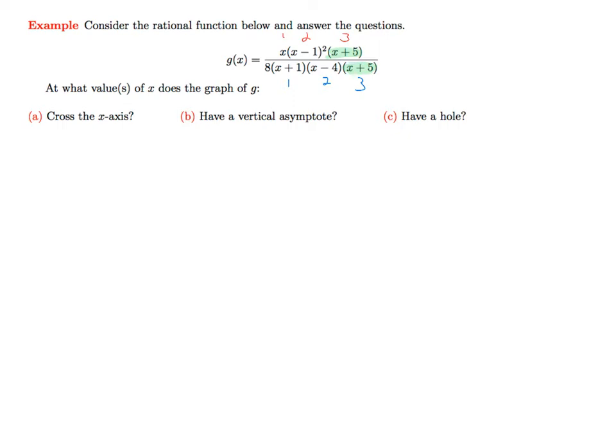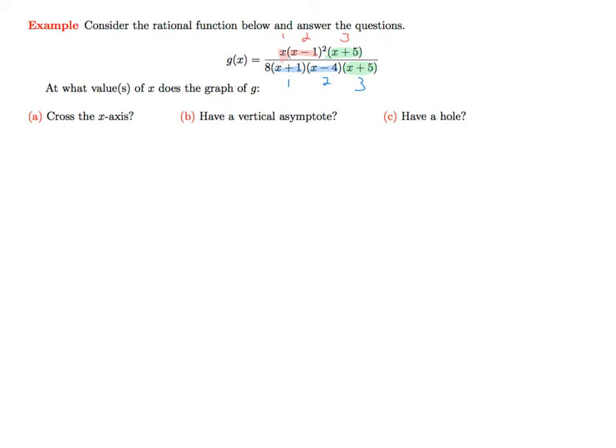So I've sketched that in green. Otherwise, x and x minus 1 are factors of just the numerator. And x plus 1 and x minus 4 are factors in the denominator, but not in common with the numerator.